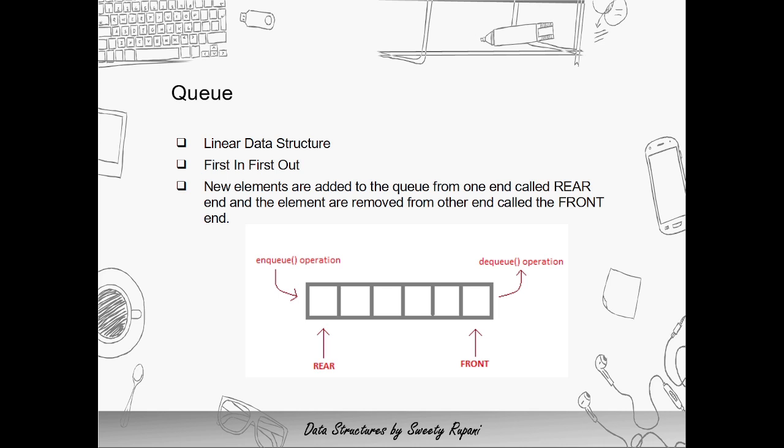So there are two open ends. From one end, the removal takes place. From the other end, insertion takes place. New elements are added from the rear end, whereas elements are removed from the front end. Those operations we refer to as enqueue and dequeue respectively.